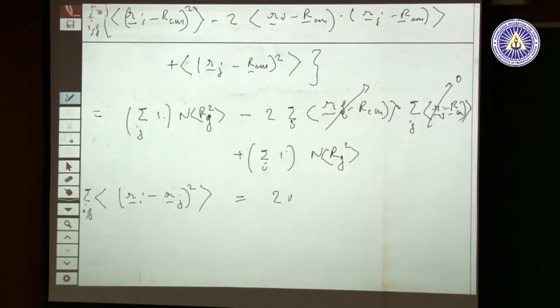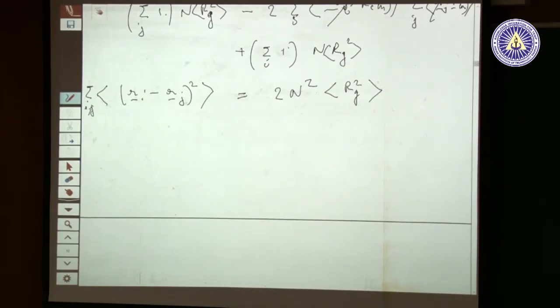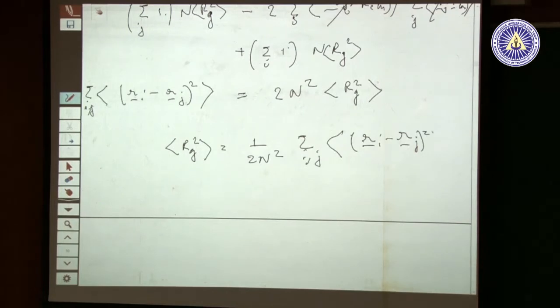So, I will get 2 n squared Rg squared. So, an alternative way of writing Rg squared is 1 over 2 n squared sum over i j of Ri minus Rj the whole squared. Okay. This is an alternative way of writing the radius of gyration.